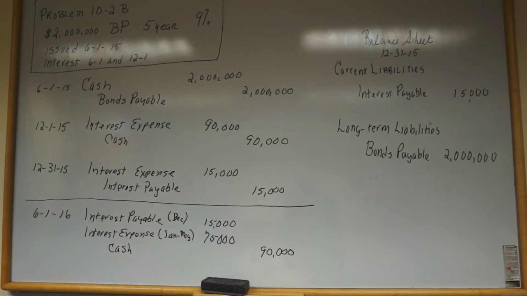Okay, the other thing they ask you to do in part, I believe it's part F of the problem, it says, okay, now we're going to redeem the bonds, and it says we redeem them on 12/1/2015.